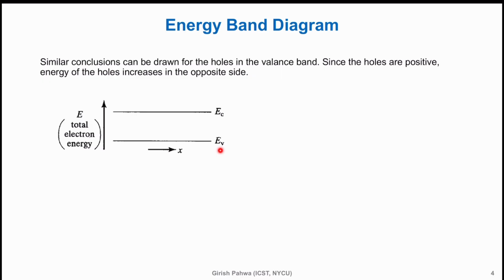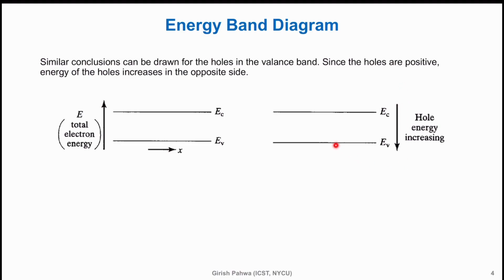True? If it is minus q times the potential for the electron, it will be plus q times the potential. So it will be exactly opposite. See, if I move in this direction, hole energy will decrease. If I move in the opposite direction, hole energy will increase.